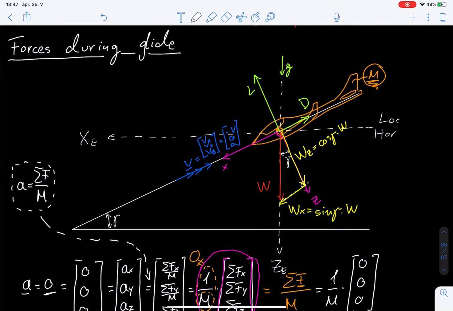So here we have the ground, and we're going to start from a given altitude, a given pressure altitude, a given Z, and this is going to be our flight path right here, let's say. This is gamma, and this is going to be the distance covered on the ground. I could actually use a different color to make it visible.